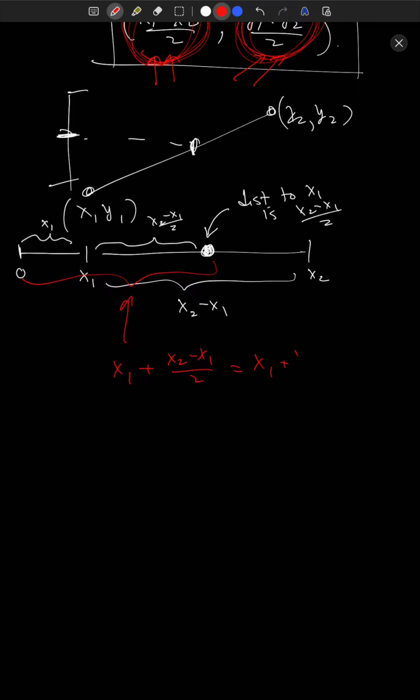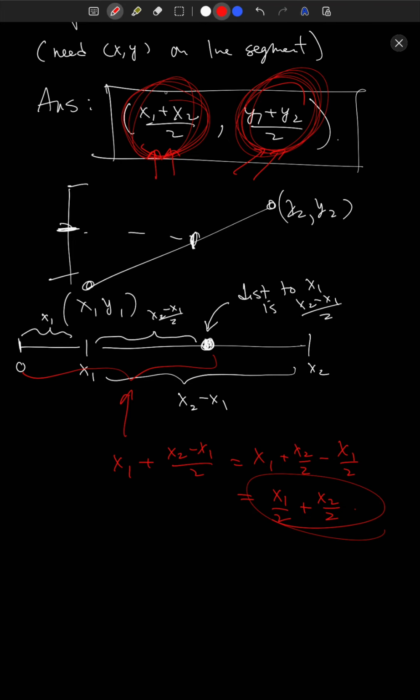And that's x1 plus x2 over 2 minus x1 over 2, which is x1 over 2 plus x2 over 2, if you simplify it. And that's exactly what I said in terms of the average. Okay, so that's if you really want to go down and very carefully figure out exactly the coordinates. Okay, so that's the midpoint between 2 points.